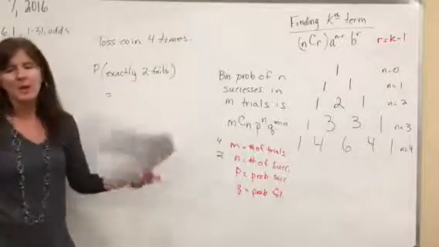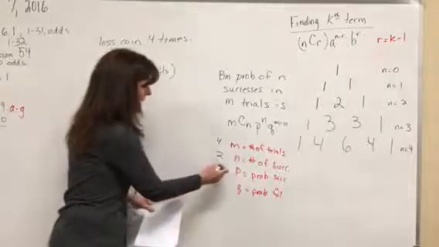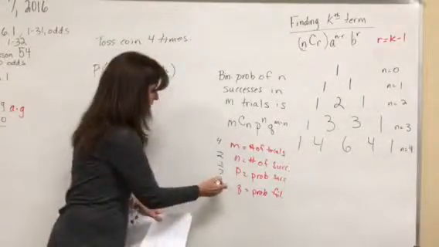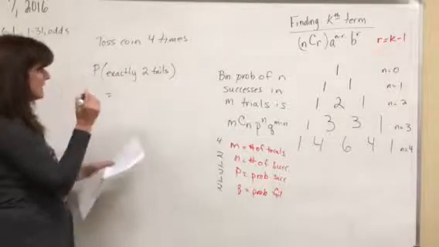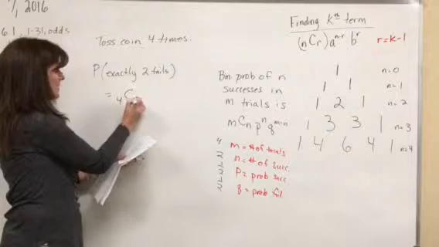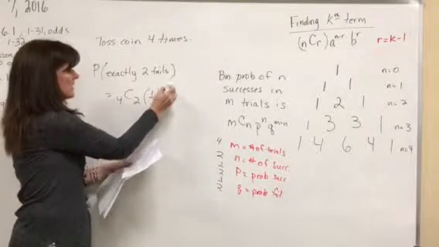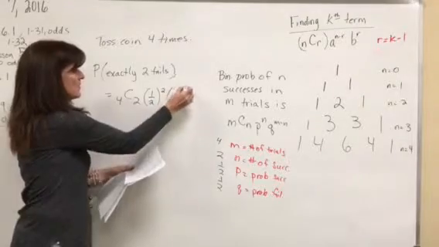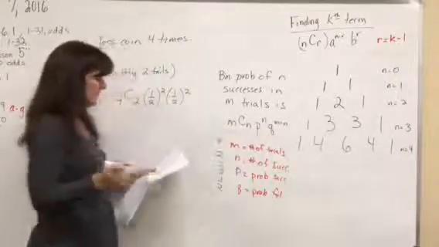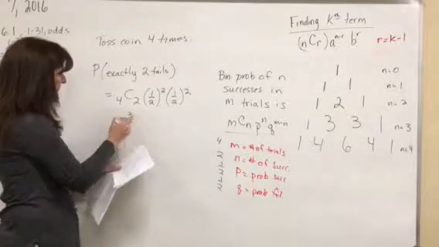Probability of success, what's the probability of getting a tail when you toss a coin? 1/2. And probability of a failure, which would be a heads, is also 1/2. So we fill this in, and we get 4, combination of 4 things taken 2 times, times 1/2 squared, times 1/2 squared, just plugging these numbers into this formula, and we end up with 3/8.